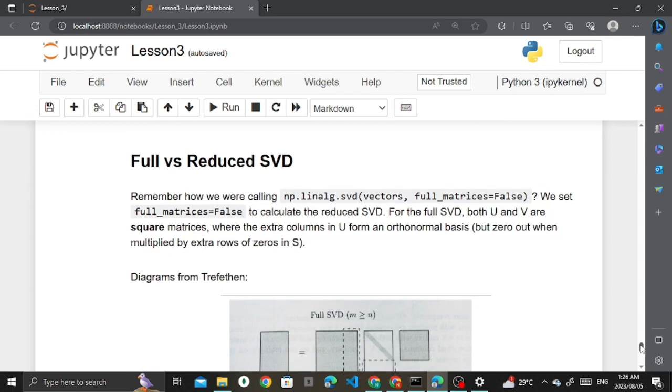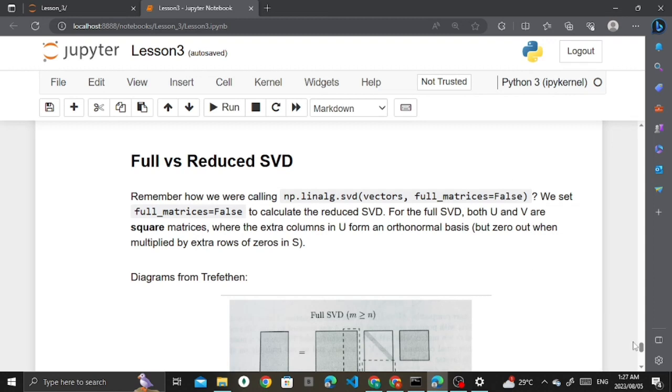Using NumPy's SVD, np.linalg.svd, with full_matrices equals False. What difference does this make? The full SVD is going to have U and V both be square matrices, so that involves making up some columns.